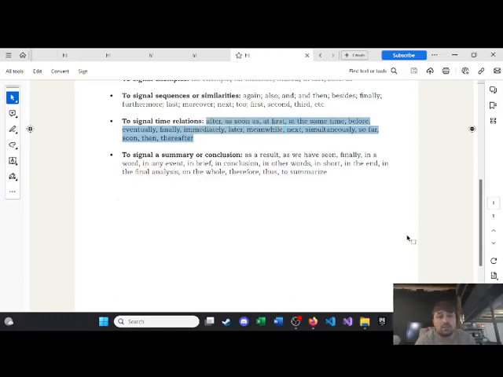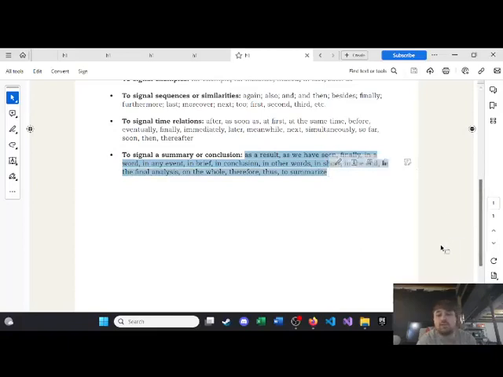And you also want to signal summary or conclusion. So this is good. It's good to say that, you know, we're wrapping things up. This gives the reader a sense of closure, right? So as a result, as we've seen, finally, in a word, in any event, in brief, in conclusion, in other words, in short, in the end, in the final analysis, on the whole, therefore, thus, to summarize.